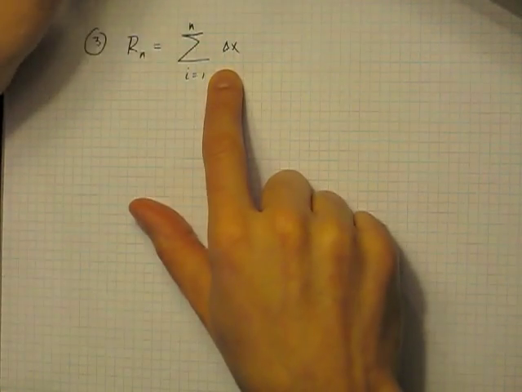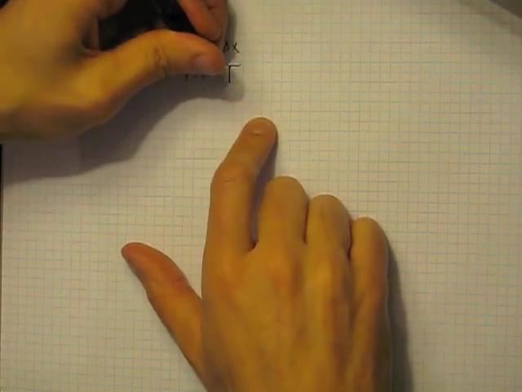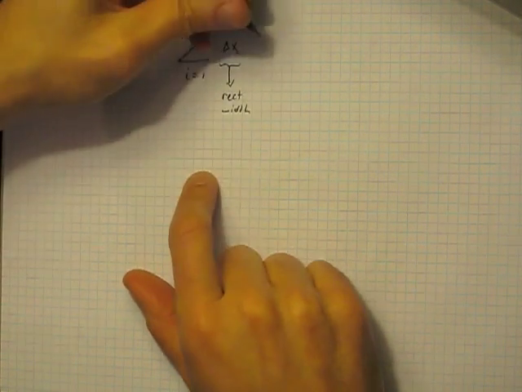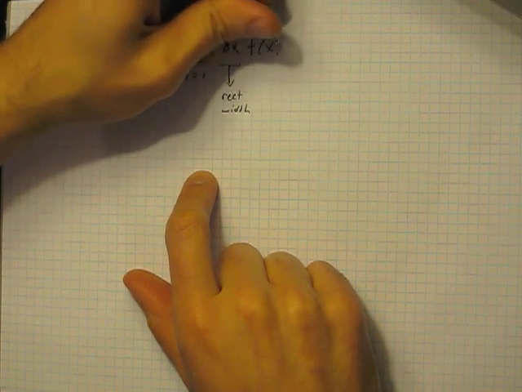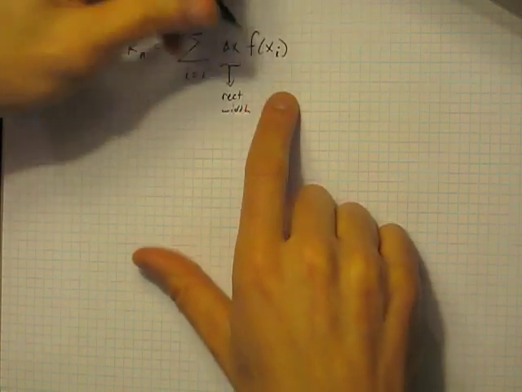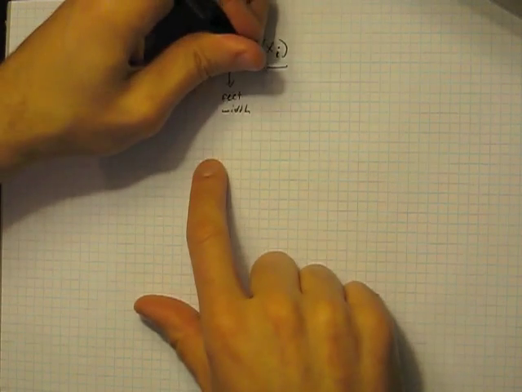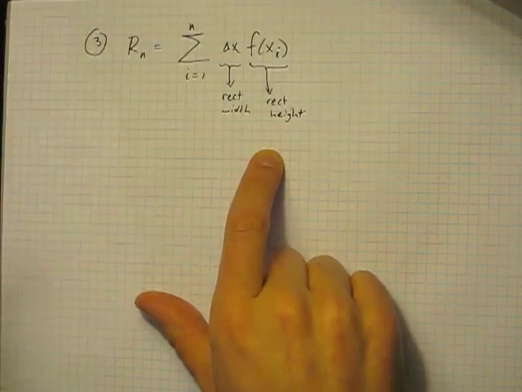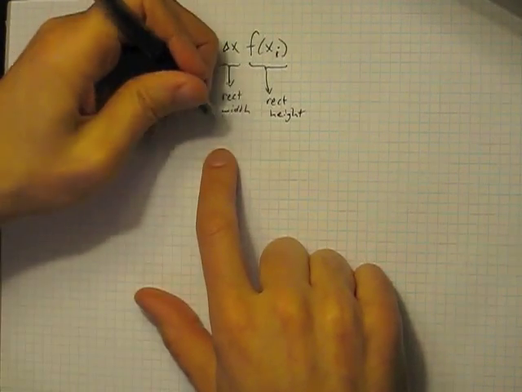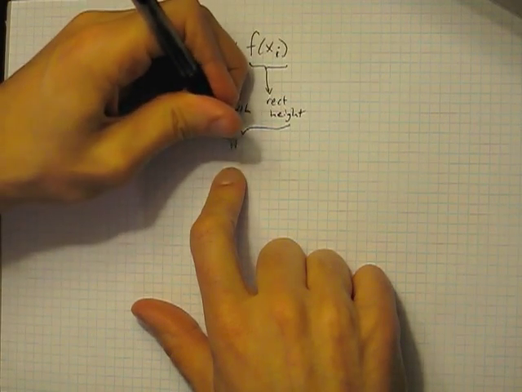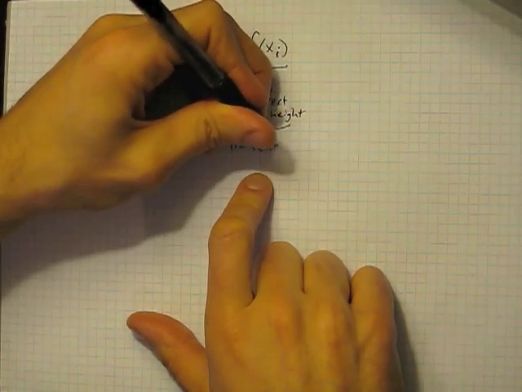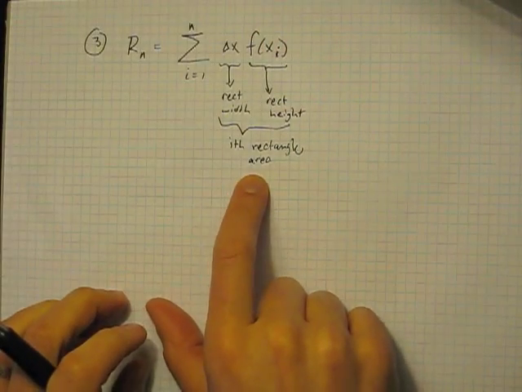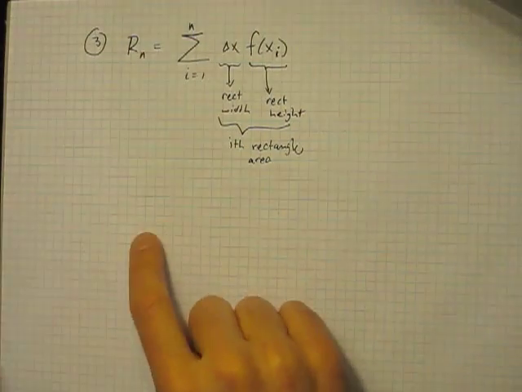This is the width of a rectangle right here. And then we're going to take f and evaluate it at the sample point. So this is the rectangle height. These are all for the ith rectangle. The product of these is the ith rectangular area. And so we're summing all of this stuff up.